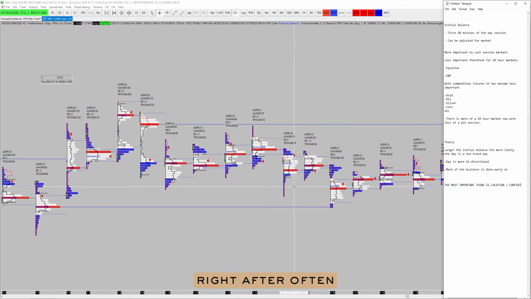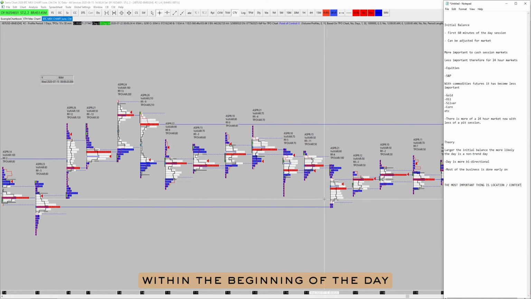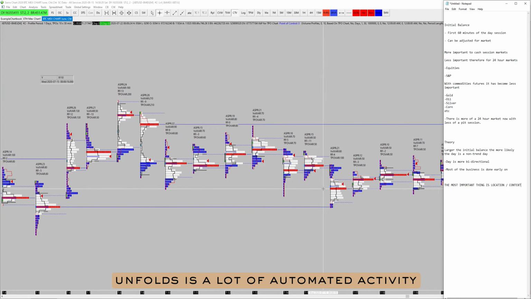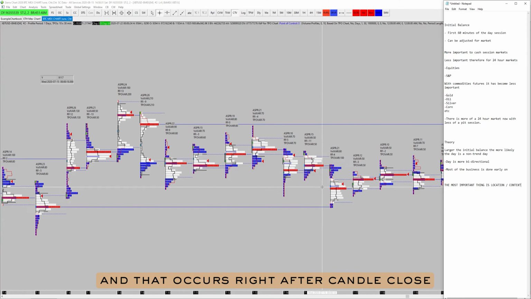What we see right after, often at the beginning of the day as that day unfolds, is a lot of automated activity, and that occurs right after candle close. We see this on 4-hour charts when you get a 4-hour candle close through a level, and you see it on daily and weekly charts as well. A lot of systematic and algorithmic trading systems that go off of candle closes are going to be acting on these signals.